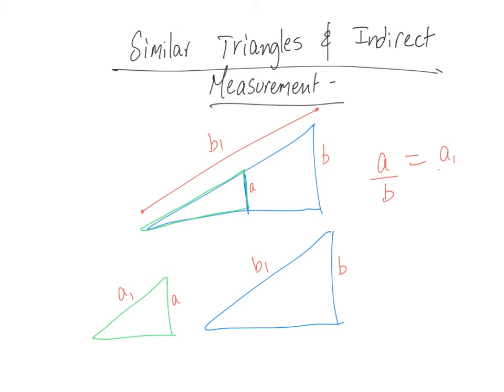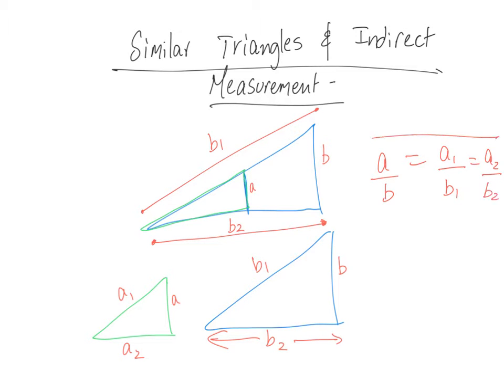So A1 and B1. And let's look at the lower length. This lower length is A2, and this entire length is B2. So A2 and B2.